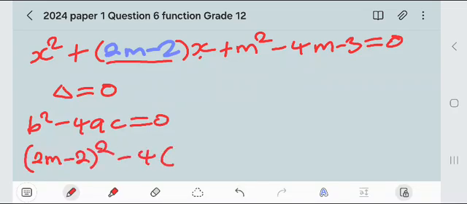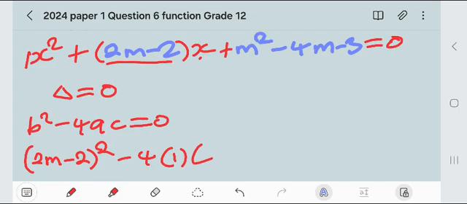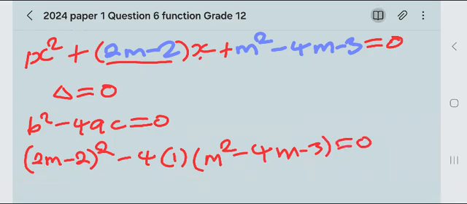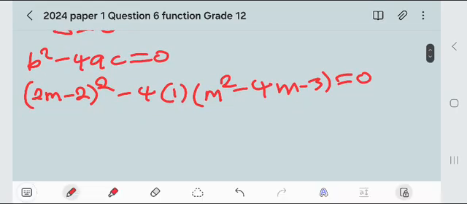Our a is 1 here. But our c is all of this, which is m squared minus 4m minus 3. Do not panic. All of these must equal 0.